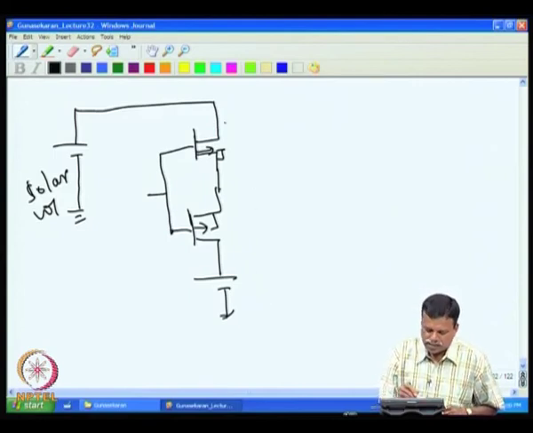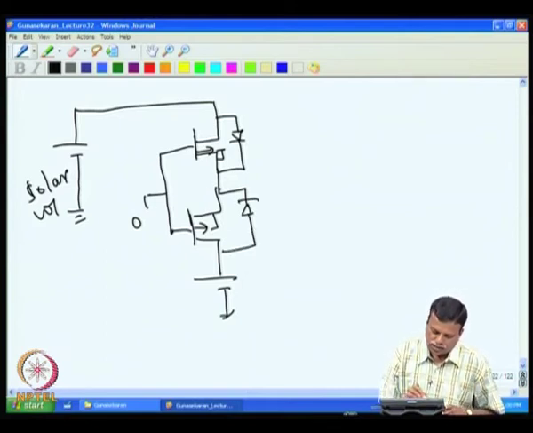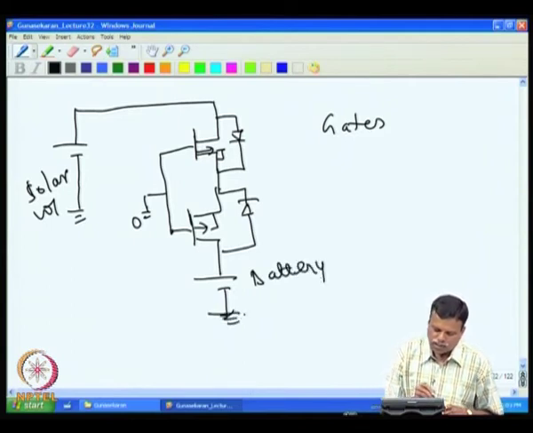If I want to charge the battery, I will keep this one at 0, and we know that there is a body diode. When the gates are kept at 0, this is the battery and this is the solar panel.